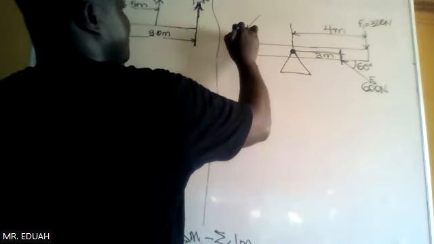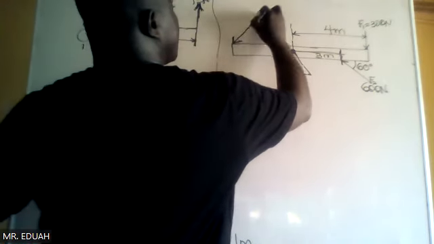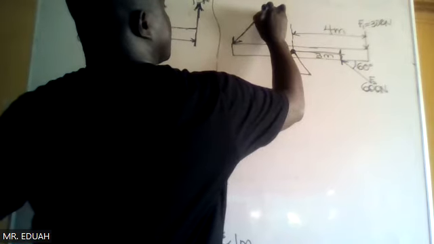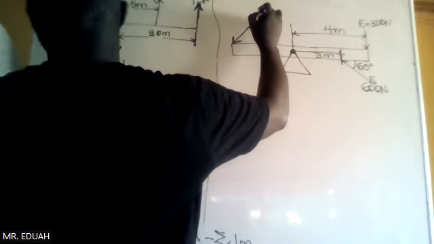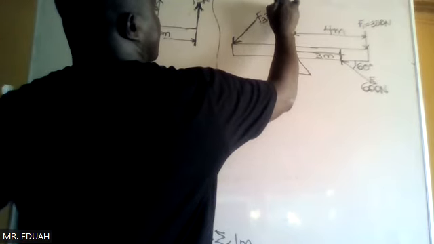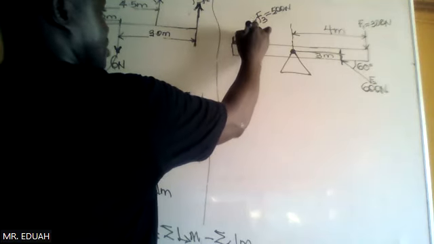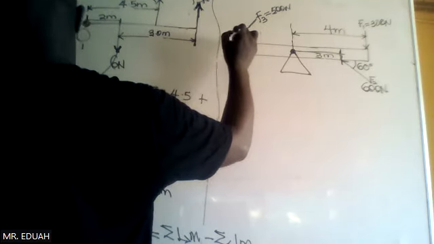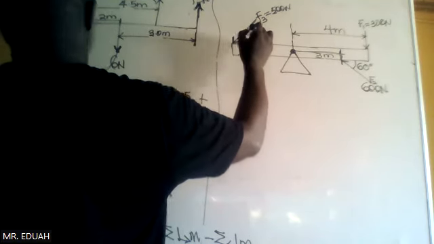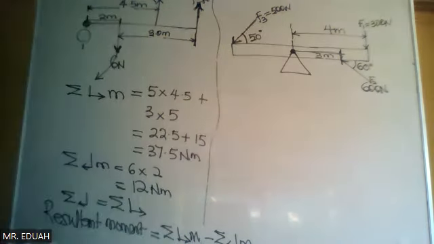Let me bring F3 here. The magnitude of F3 is 500. It acts at an angle of 50 degrees to the bar.